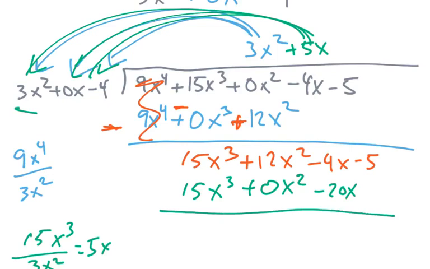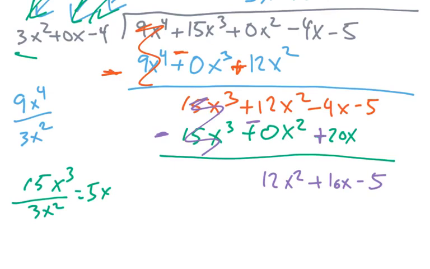Once more, we're going to change the signs. So this is negative, this is negative, this is positive. These once more will cancel out. We're going to be left with 12x squared plus 16x minus 5.